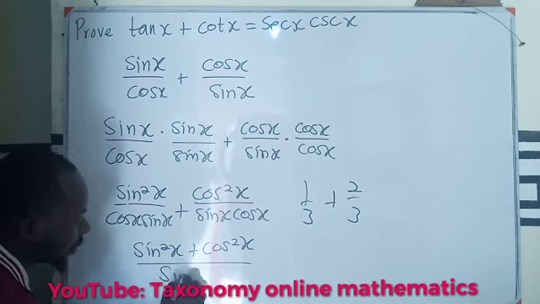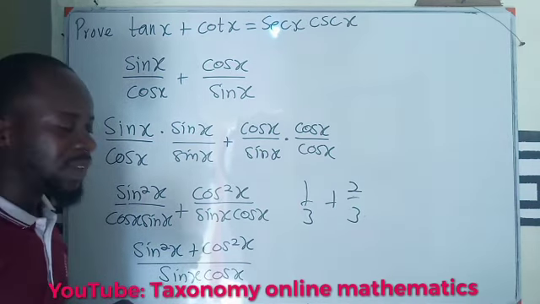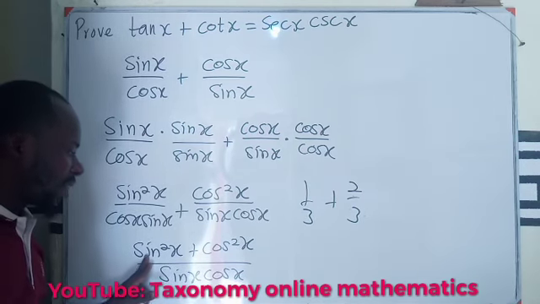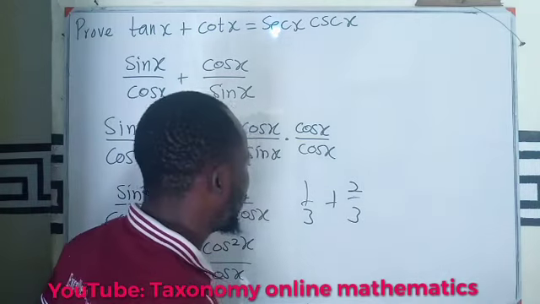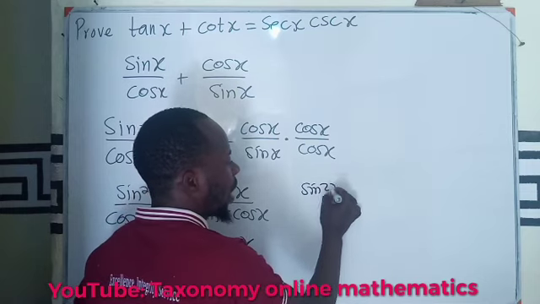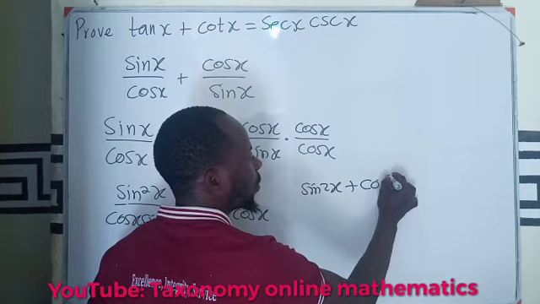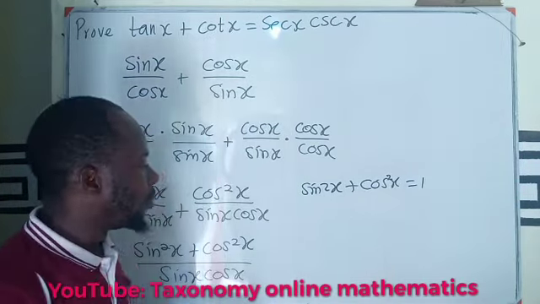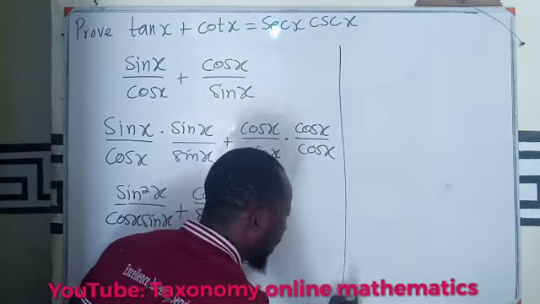Any of them is accepted because multiplication is commutative. So sine square x plus cos square x is a trigonometric identity, which says that sine square theta plus cos square theta gives us what? 1. Meaning our numerator is nothing but 1.